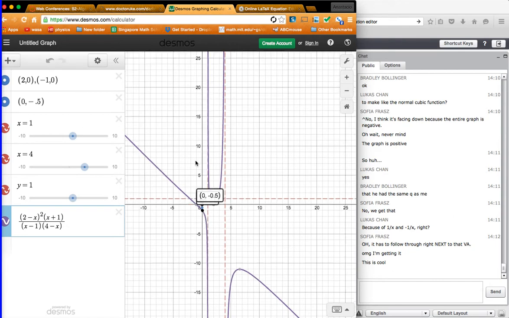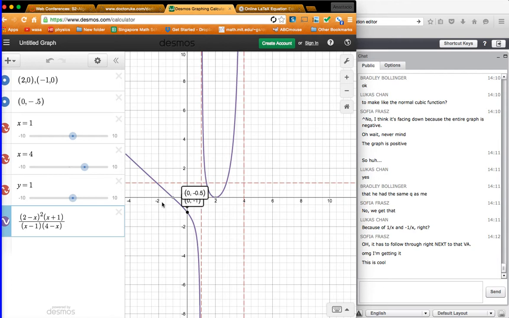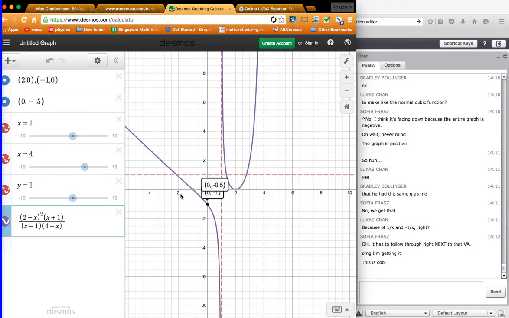Interesting. All I did was I put a square on this sucker right here, and it really changed my graph. I wonder why that is. Actually, I know exactly why that is. We can explore that. Give me a second. I'll show you, okay?